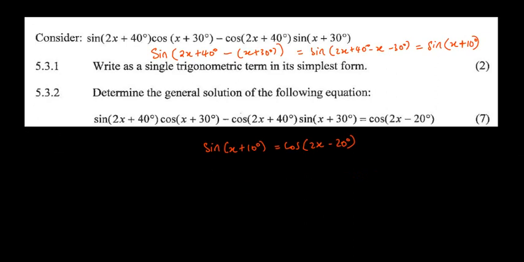But however, if you have sine and cos on both sides, good people, you're simply going to change one of them to be the other, which means you're going to say this is sine x plus 10 degrees. It's actually a special case of general solution. So this cos, you can write it as sine of 90 degrees minus this whole angle, minus 2x minus 20 degrees.